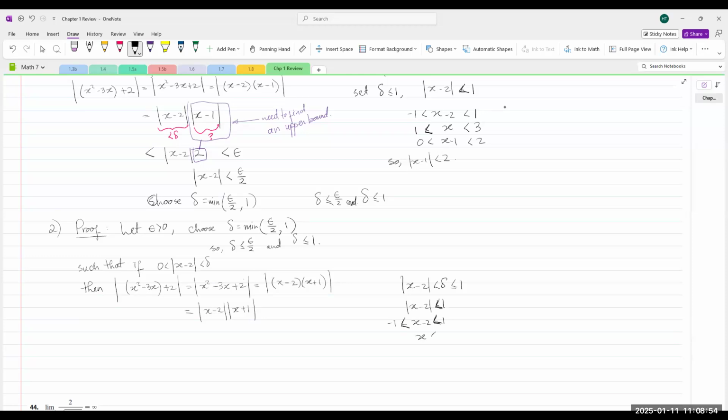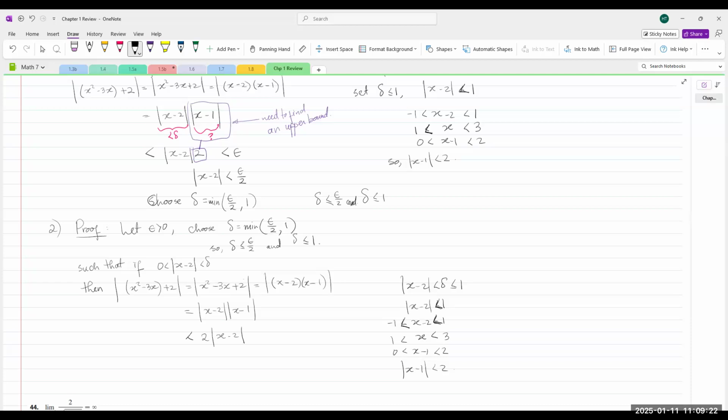So x is between 1 and 3, and x, sorry, it should be minus 1, not plus 1. This is x minus 1 when I factor it. So x minus 1 is between 0 and 2. So absolute of x minus 1 is at most 2. This is at most 2 times absolute x minus 2.